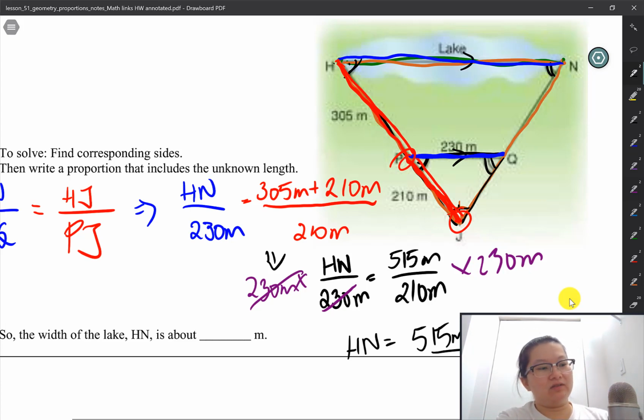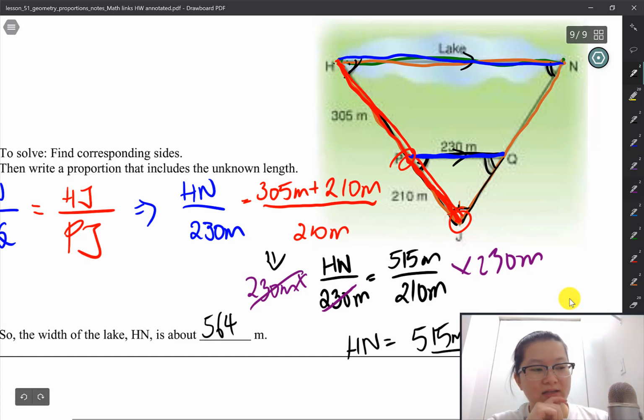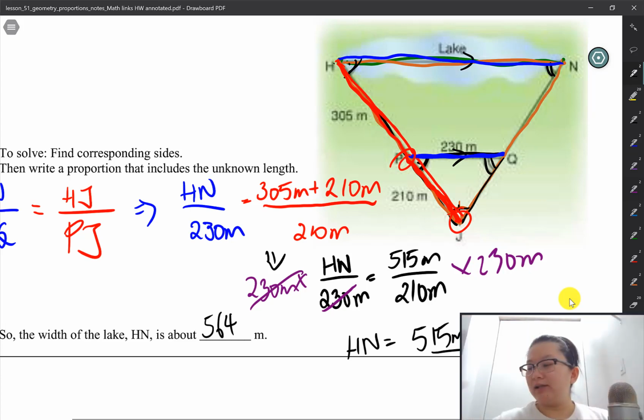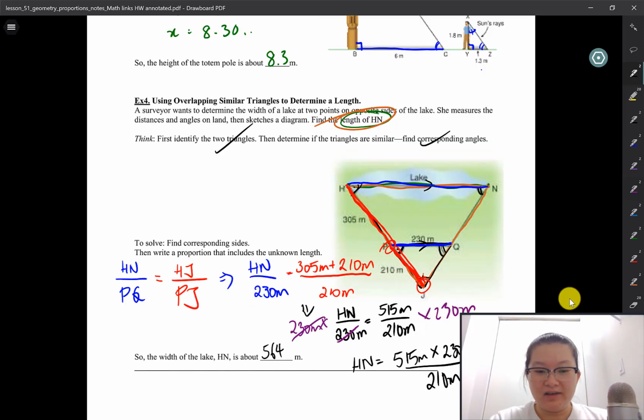So let's put that into the calculator. What is that going to give us? That is going to give us 564. And there it is, 564 meters. Rounding to the nearest meter is going to be sufficient. Okay, so that's it.